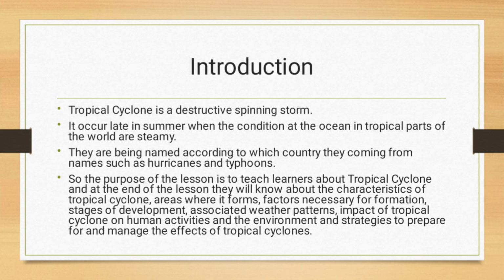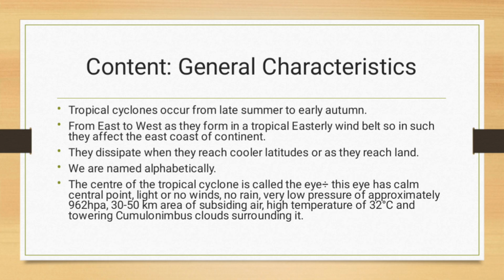Now, as we proceed, we are going to talk about the general characteristics of tropical cyclone. Tropical cyclones are characterized to occur from late summer to early autumn. They move from east to west as they form in a tropical easterly wind belt.